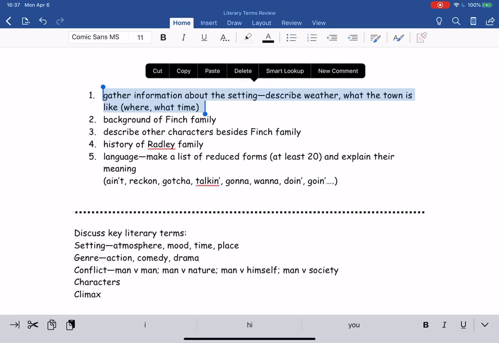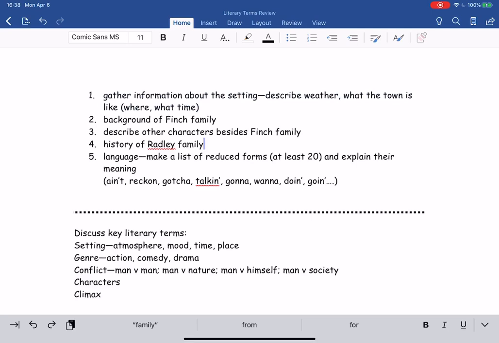The setting is also the feelings created by the setting. So it's not just where and what time it takes place, but it's also a little bit about the mood, the feeling of where the story is taking place.